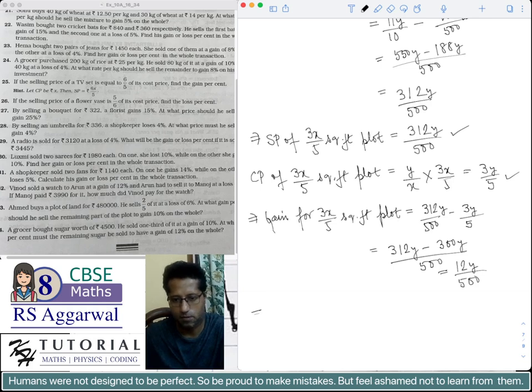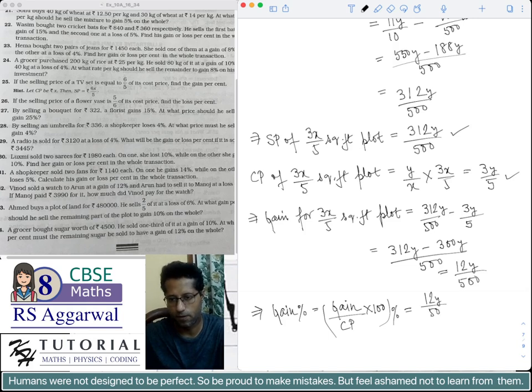Now the cost price of this remaining plot, which is 3x by 5 square feet, was 3y by 5. So the gain percent that has to be made in selling the remaining plot should be equal to gain divided by CP multiplied by 100. The gain we have found to be 12y by 500, and the cost price of the remaining plot is 3y by 5, and we multiply by 100.